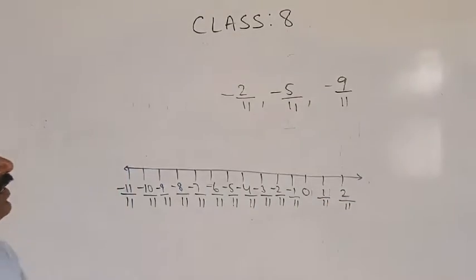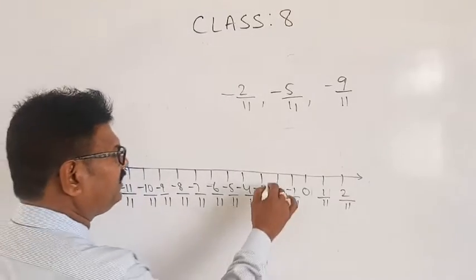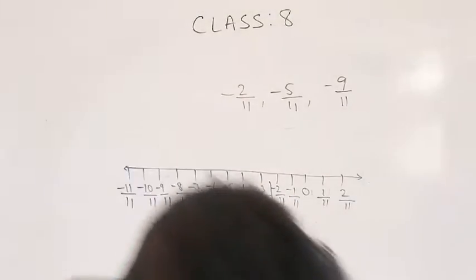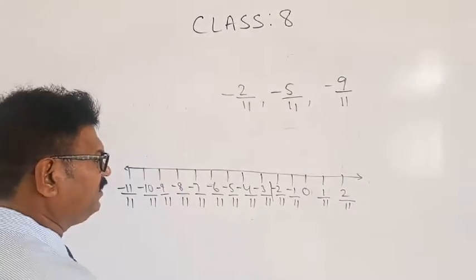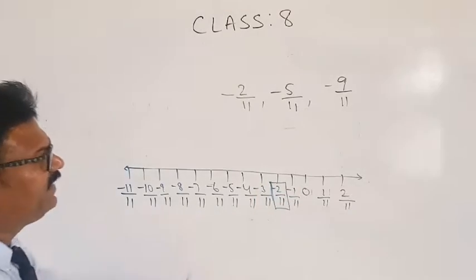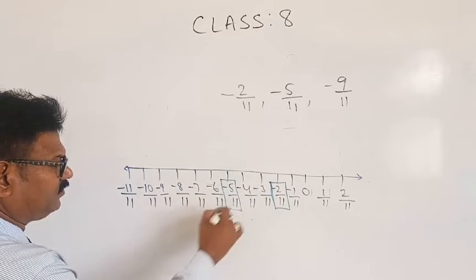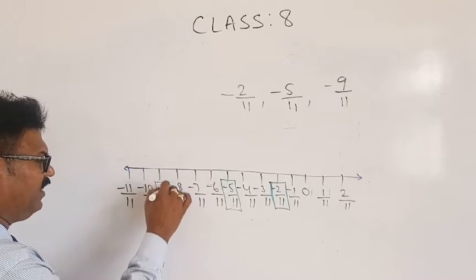Now what is the first one? Minus 2 by 11. Where is this? Next one, minus 5 by 11. Minus 9 by 11.